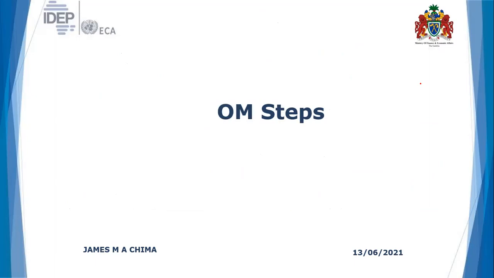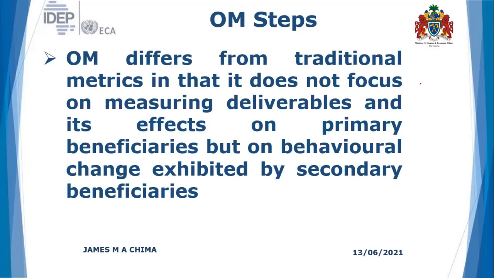What are the steps that are involved in outcome mapping? Outcome mapping differs from traditional metrics in that it does not focus on measuring deliverables and its effects on primary beneficiaries.